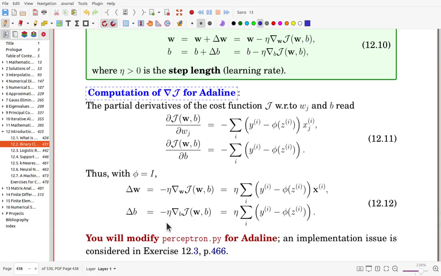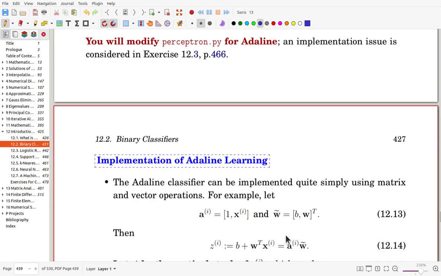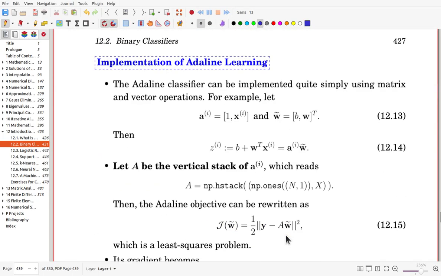You can implement this Adaline quite easily by using the perceptron class program. But you can also implement it in a slightly different way along with matrix vector form. Okay, let's see the implementation technique.